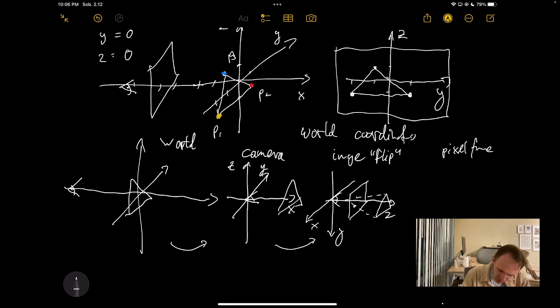And then we'll have the pixel frame, right? The pixel frame will be actually kind of like 2.5D, honestly. The orientation of the axes will be the same as here, like X and Y, but the image will begin here and it will have pixels, so it will be measured in pixels.